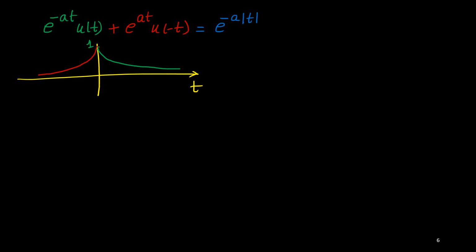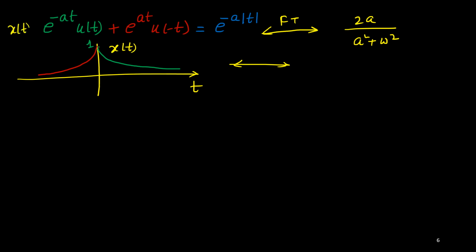So for this signal, the Fourier transform we have got is 2a upon a square plus omega square. So this is your x of t signal, and its spectrum, you see at omega equal to 0, its value is 2 upon a, somewhere here.